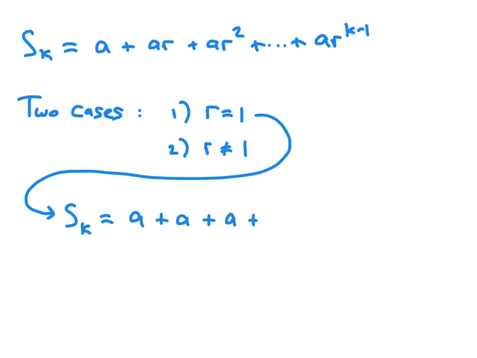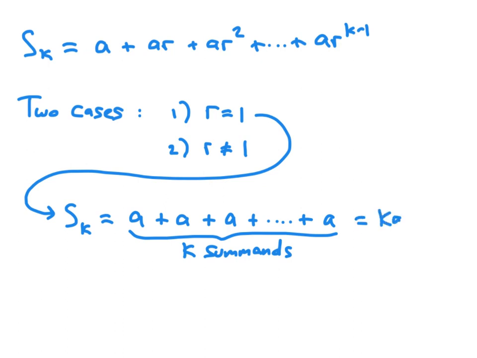And because 1 to any power will be 1, all of our terms, including our final one, ar to the k minus 1, will be a times 1, which is just equal to a. And so here what we're doing is we're adding the number a to itself k different times. So we see here we actually have k summands in this sum. And so if I add a number a to itself k times, we just get the product k times a.